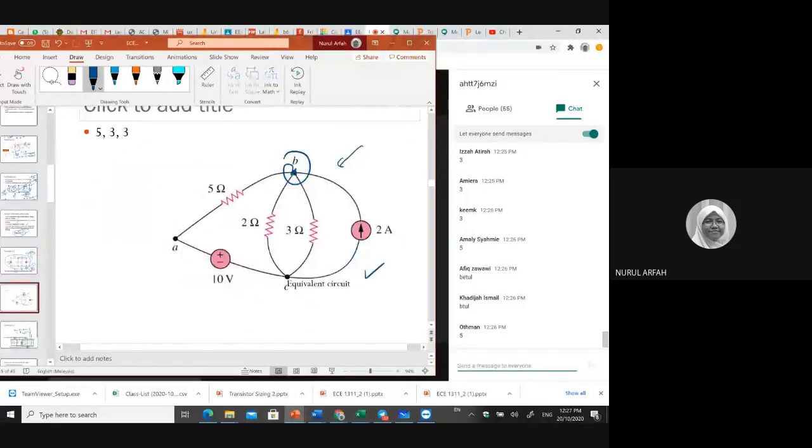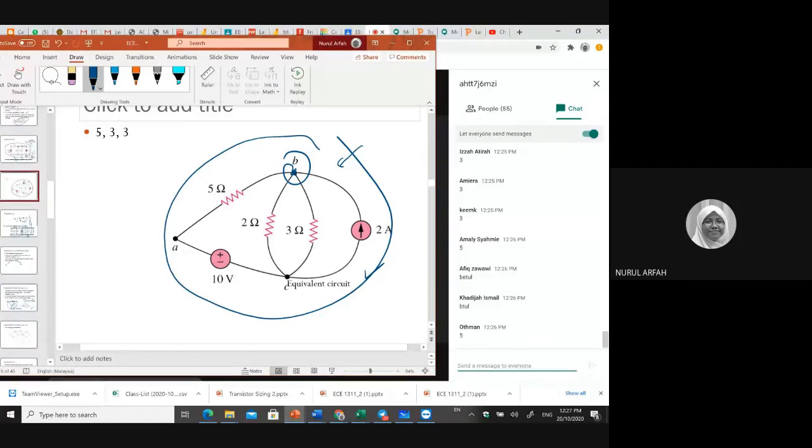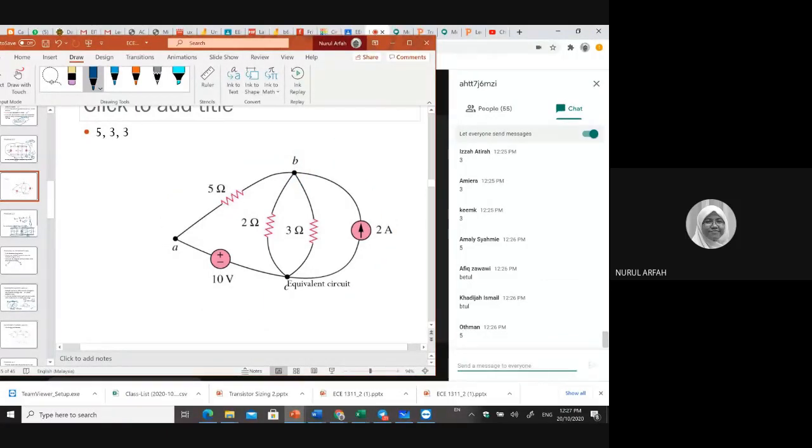But sometimes I will give you this type of question because some of my previous students said, "Oh, madam, you are unfair because you give me a difficult question." Why difficult? Just because of the drawing. You need to understand what is a loop, what is a node.